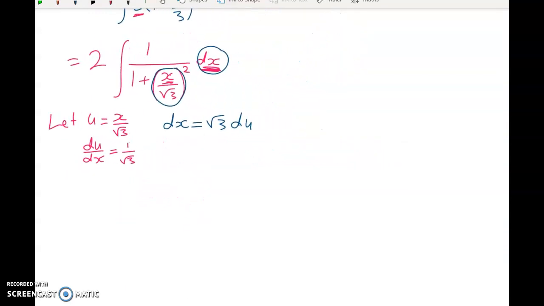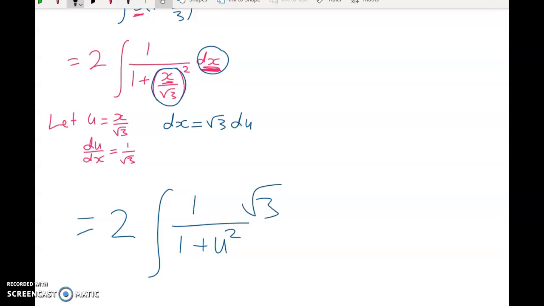So we'll just shrink that down a wee bit. So this now equals 2 times 1 over 1 plus u squared times root 3 du. And you can see that we can take that root 3 constant out the front.